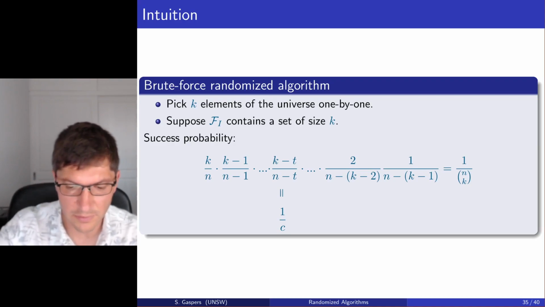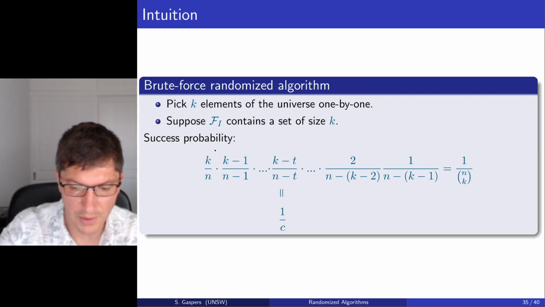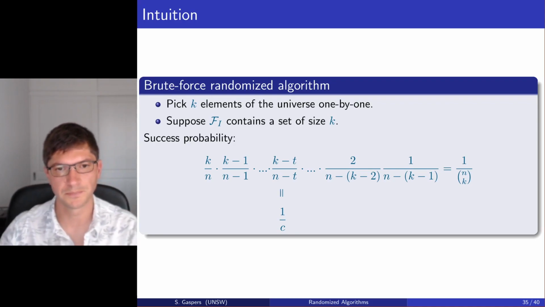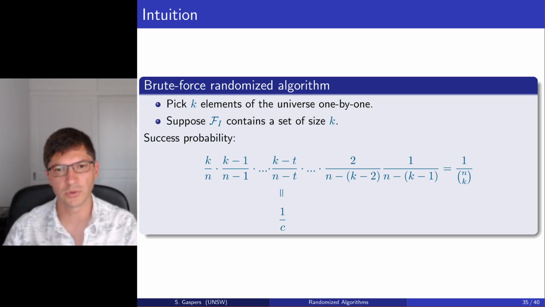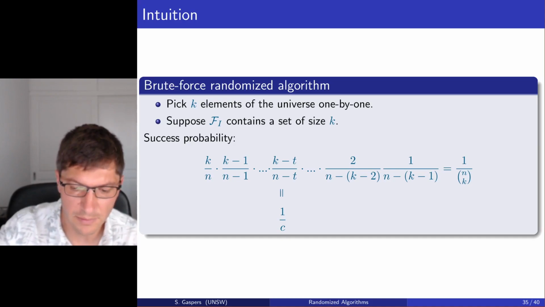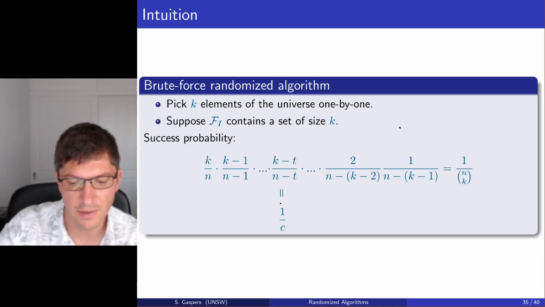We see that this ratio keeps decreasing. So at some point it will be just 1 divided by some large number, and then it's of course not interesting anymore to do random choices. So at some point, for some t, it will be the case that (k minus t) divided by (n minus t) is more or less equal to 1 on c.